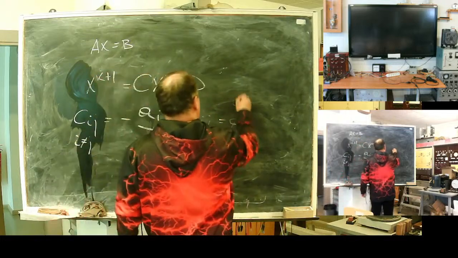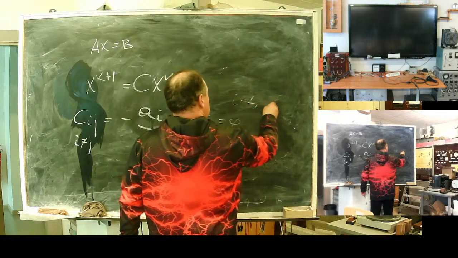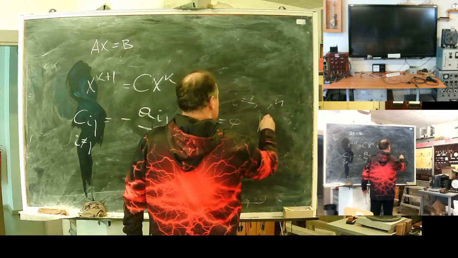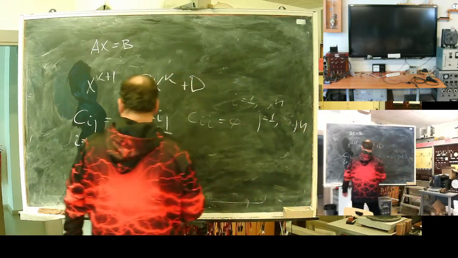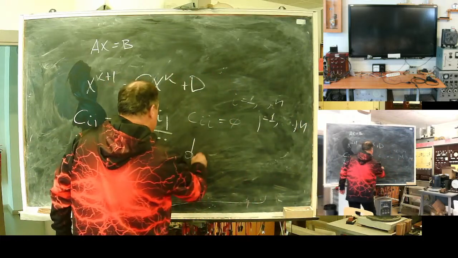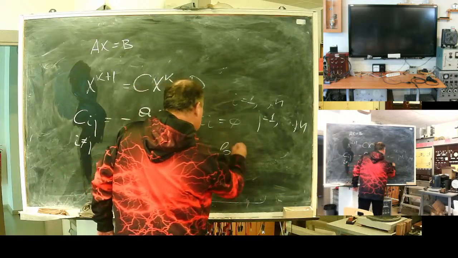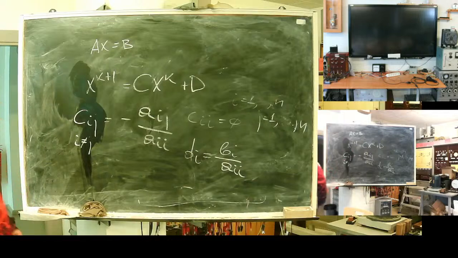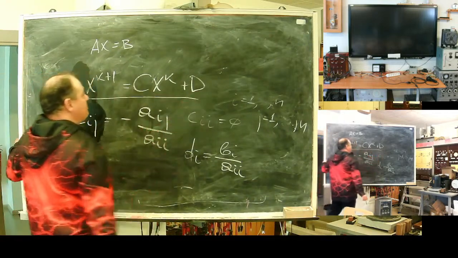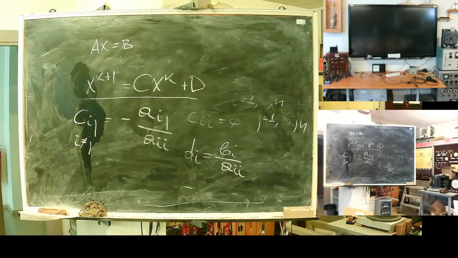All this for i changing from 1 to the number of equations, and of course d_i should be b_i divided by a_ii. Here is the Jacobi or simple iterative technique. Very simple.